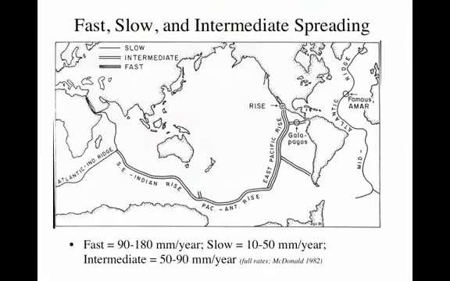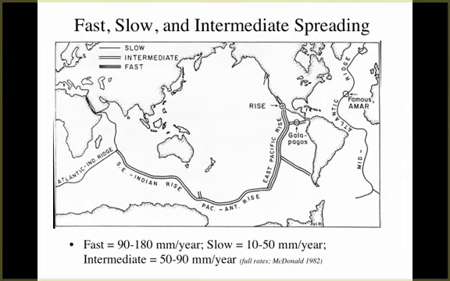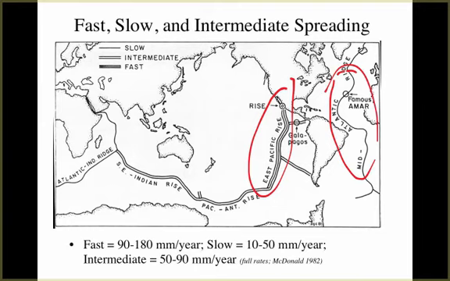Now we talked about fast, slow, and intermediate spreading ridges and used the example of the East Pacific Rise as a fast ridge spreading at a rate of 90 to 100 millimeters a year. And we looked at the Mid-Atlantic Ridge as an example of a slow ridge spreading at 10 to 50 millimeters a year.